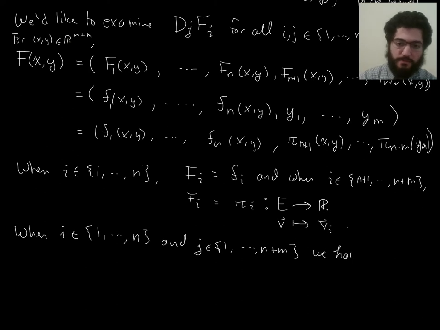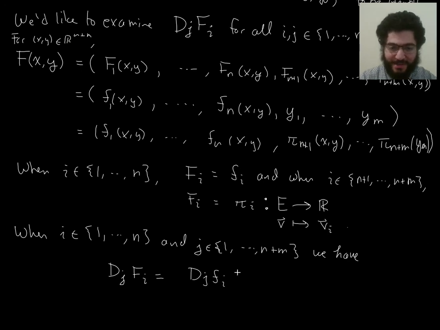We have d_j F_I is just d_j little f_I, because capital F_I is little f_I. And so it exists because this exists and is continuous.